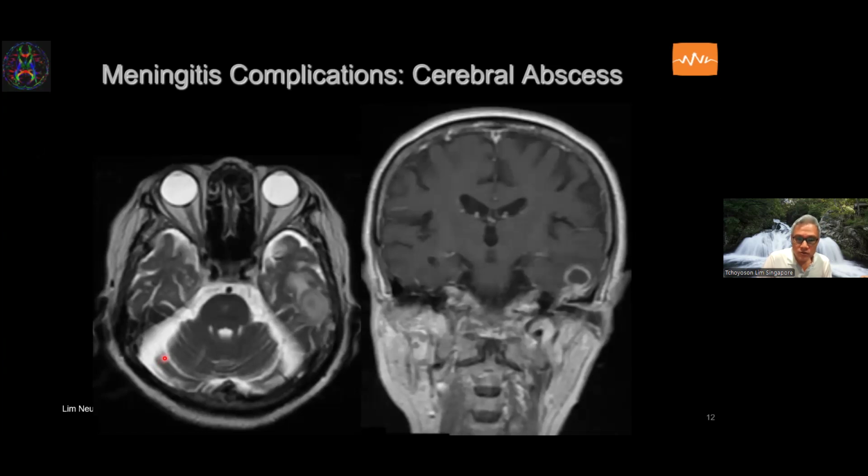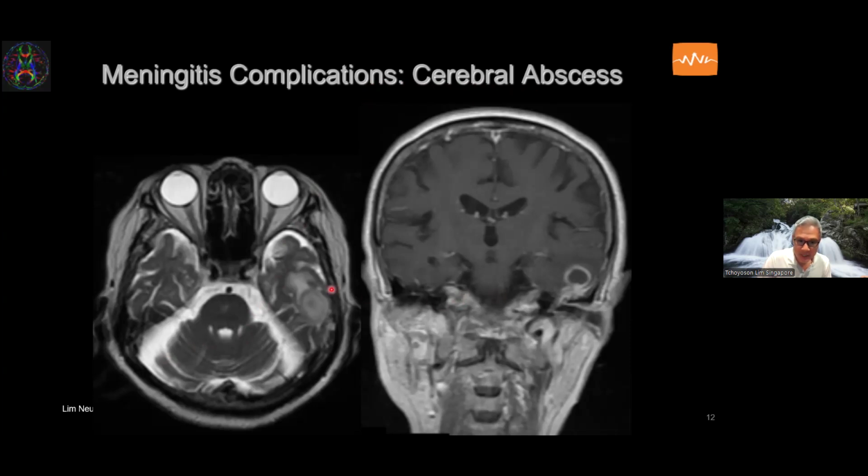If meningitis is not well treated in time, the invasion of the brain, either hematogenously or by direct entry, as in this case, will result in complications such as cerebral abscesses.